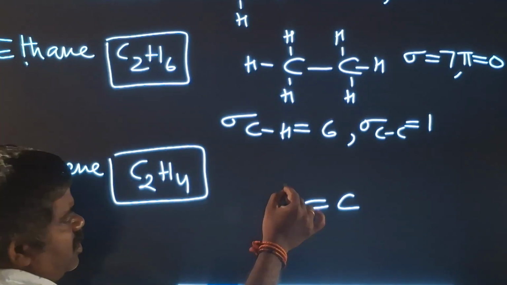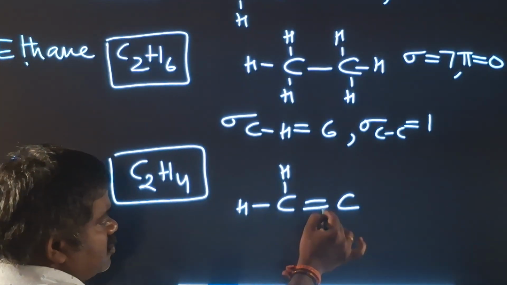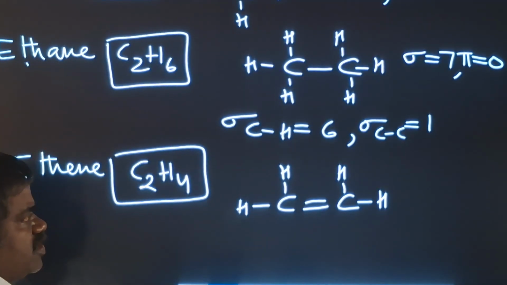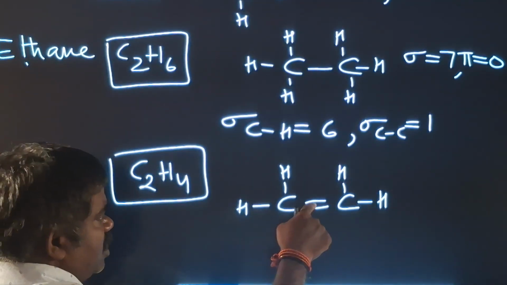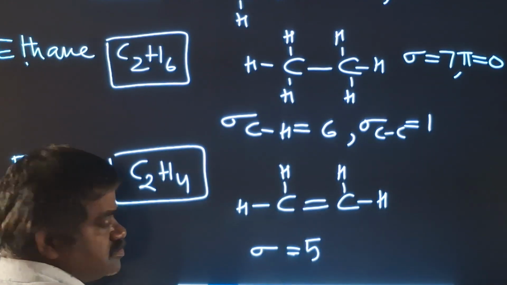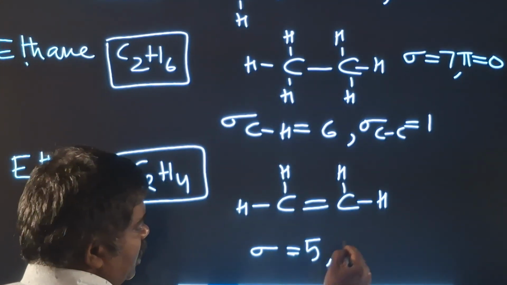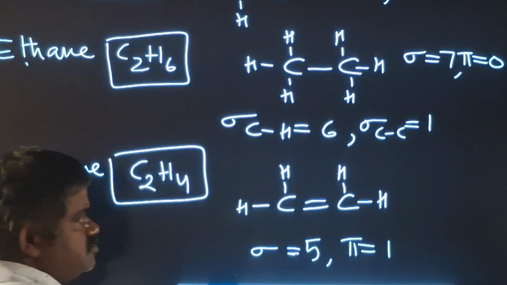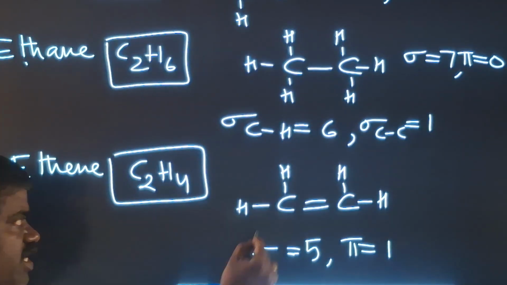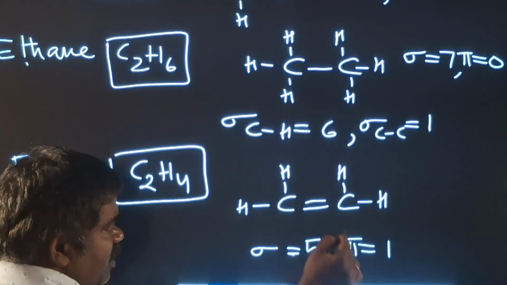Carbon valency is 4, so write 1, 2, 3, 4 here, and here also 1, 2, 3, 4. Now the number of sigma bonds is 1, 2, 3, 4, 5. Sigma bonds 5 and pi bond 1, because a double bond contains 1 sigma and 1 pi.